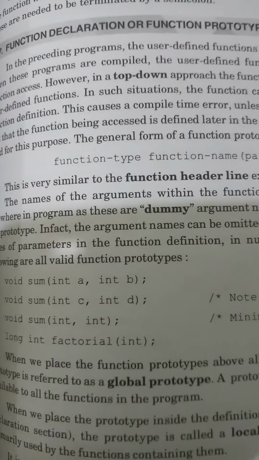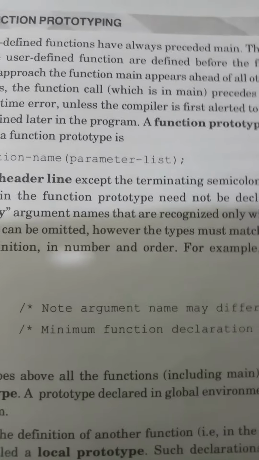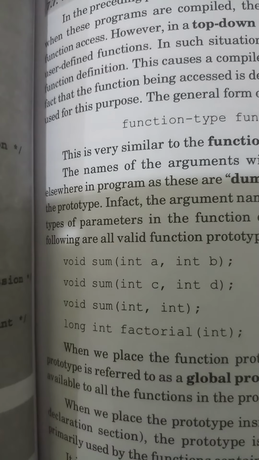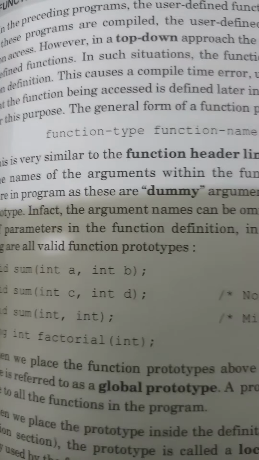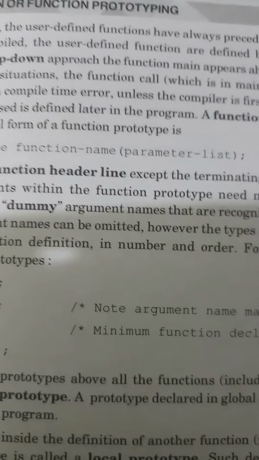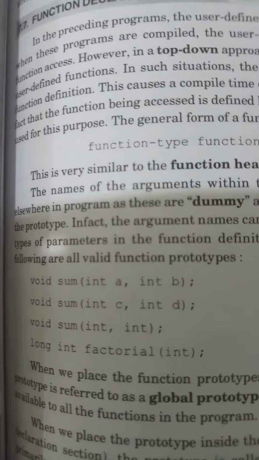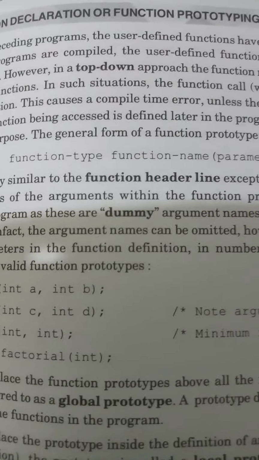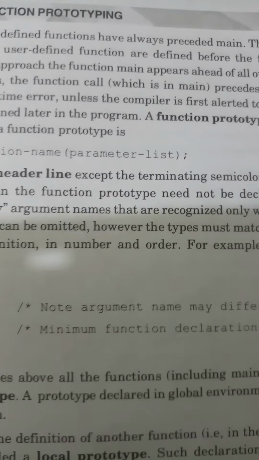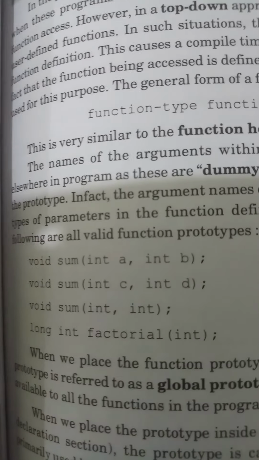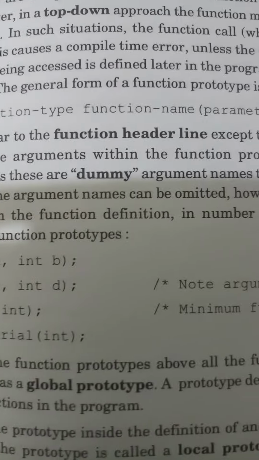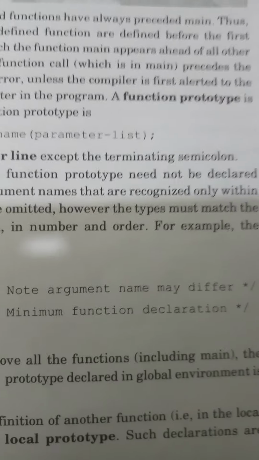The names of the arguments within the function prototype need not be declared elsewhere in the program, as these are dummy argument names that are recognized only within the prototype. In fact, the argument names can be omitted. However, the types must match the type of parameters in the function definition in number and order.